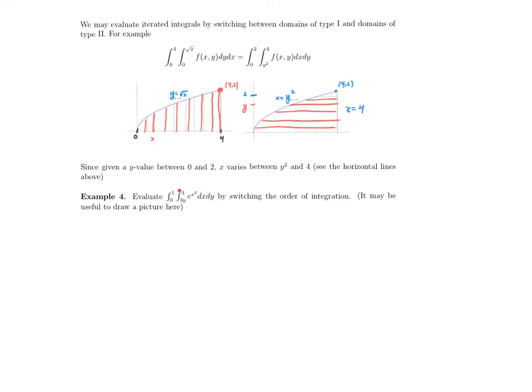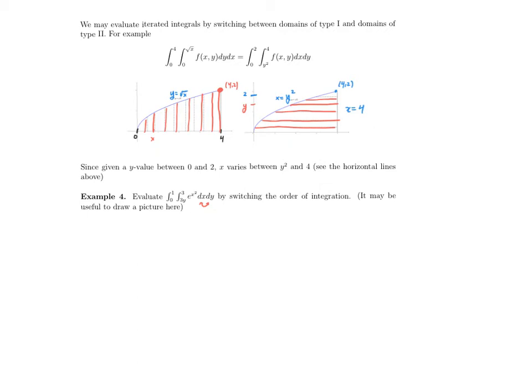That is, this inside integral is impossible for us to evaluate, which means the only thing that we could do is switch around the order of integration so that we first integrate with respect to y and second integrate with respect to x. And the reason that would be beneficial is because with respect to y, e to the x squared is a constant, which is the easiest possible quantity for us to deal with.